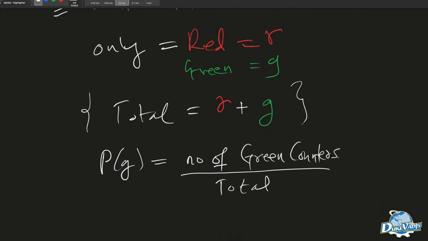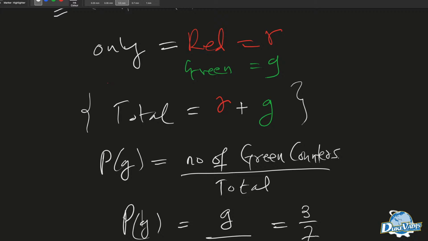So the probability of that green counter will be green counter all over the total, which is R plus G. But we've been given that probability is 3/7.